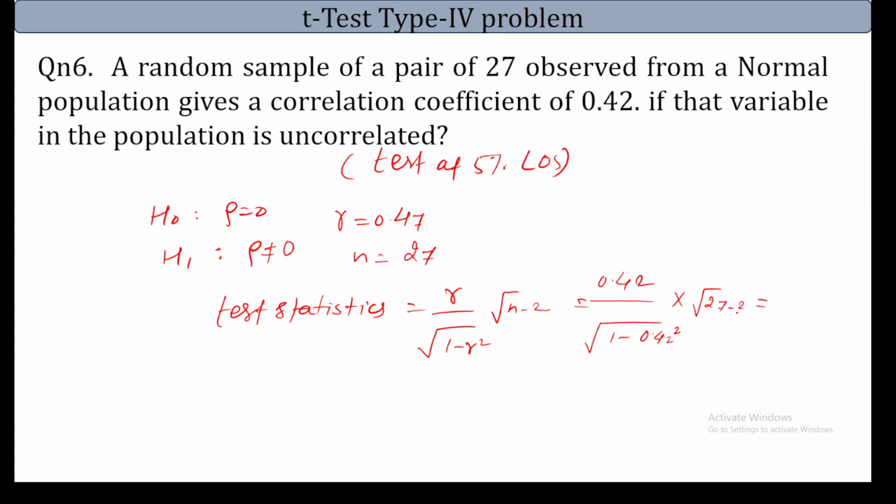Can anyone tell this value? Please say this value. It came 2.31.